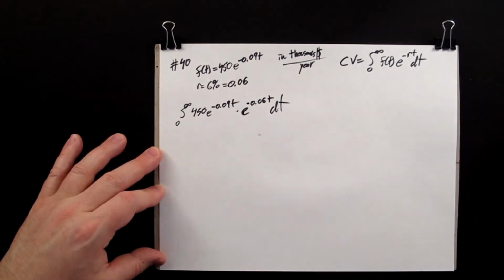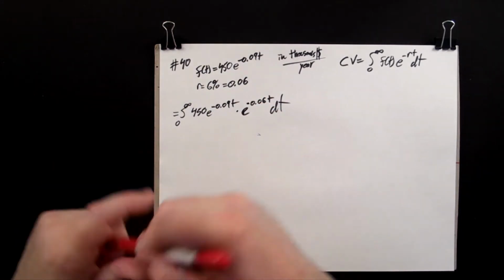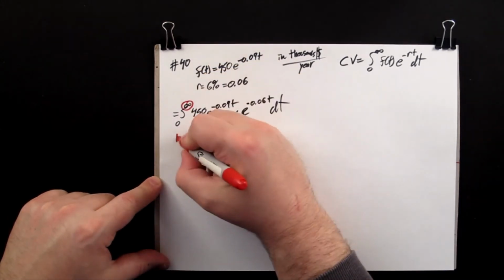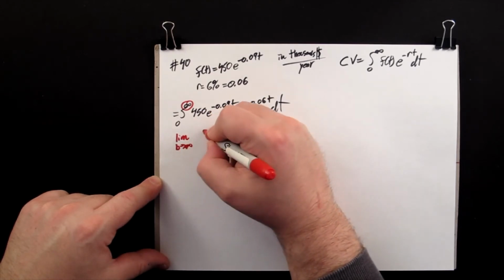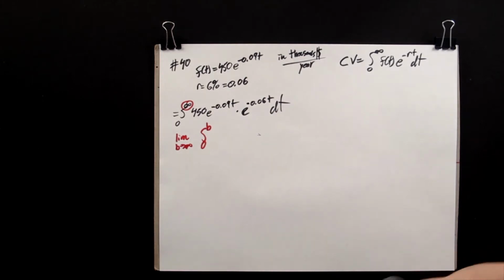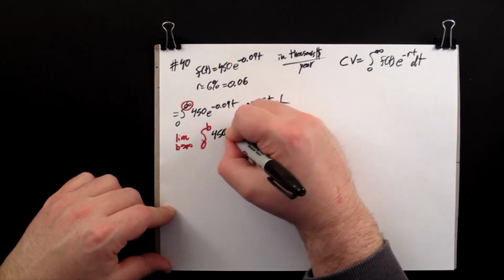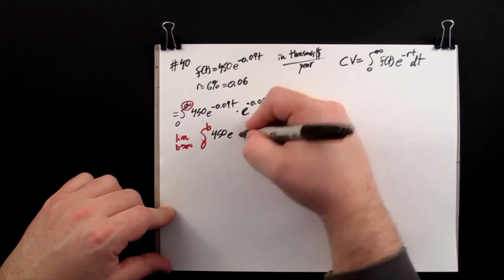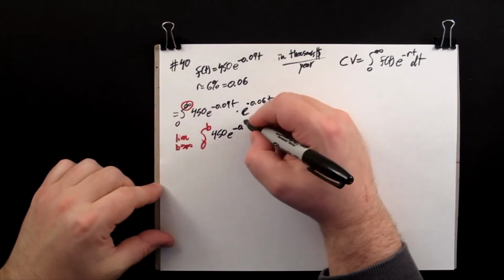So we want to evaluate that. So these are multiplied, and that's going to come into play in a second. But first, deal with this, as the upper bound moves. So this is the integral we need to evaluate.